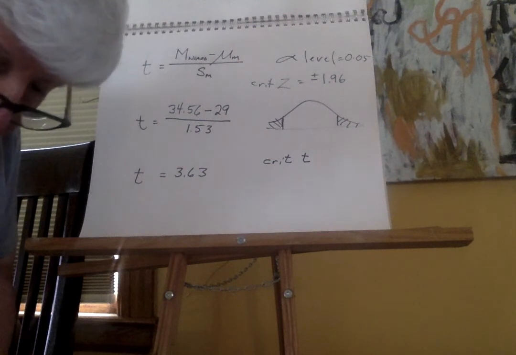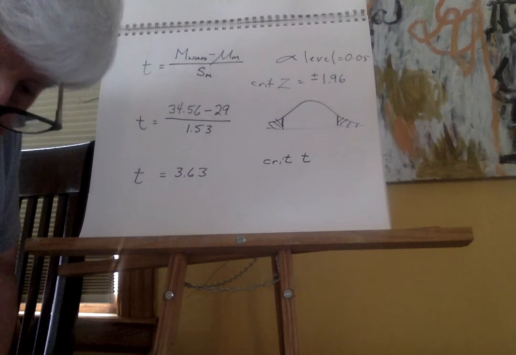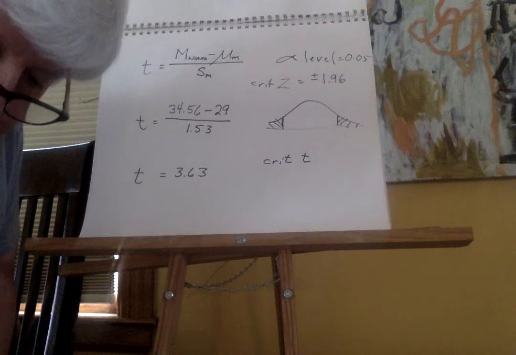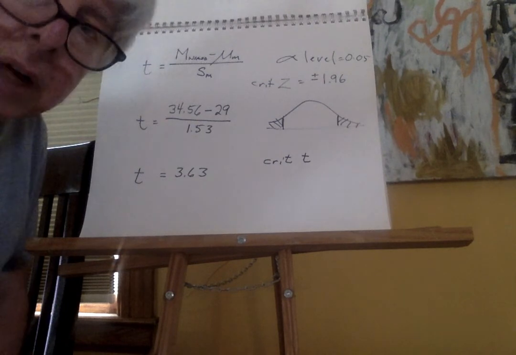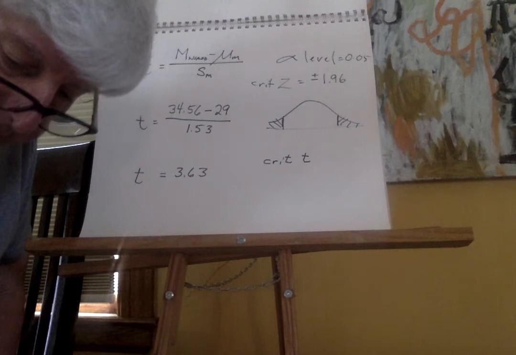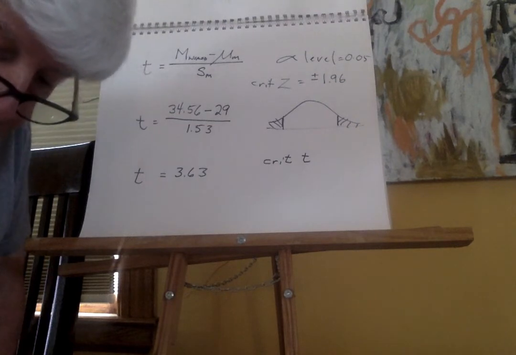I'm going to go across until I get to the proportion in two tails combined. The proportion in two tails combined is 0.05. With 8 degrees of freedom, I'm going to go across the row till I see proportion in two tails combined of 0.05.